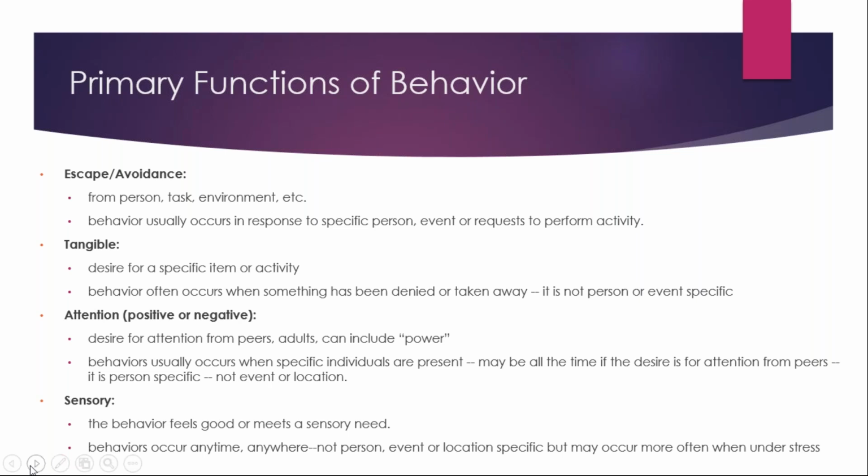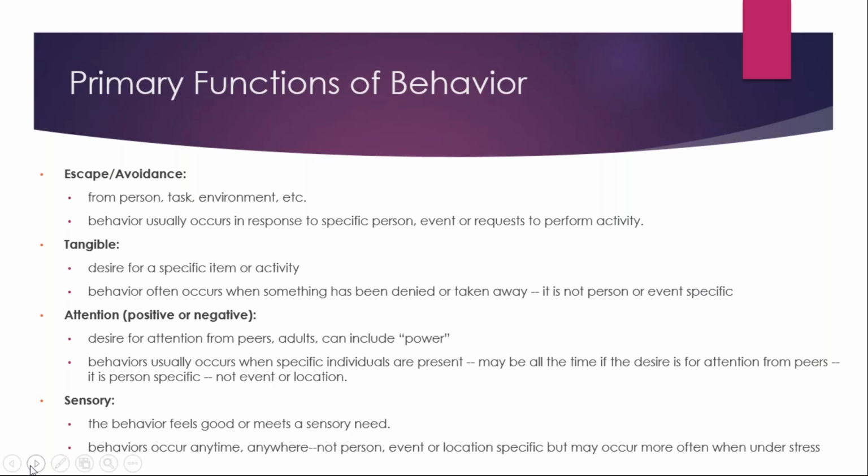And then we have attention. That can be positive or negative attention. Attention is a desire for attention from peers or adults. It can include power. Behaviors usually occur when specific individuals are present, maybe all the time if the desire is for attention from peers. It is person specific, not event or location specific.